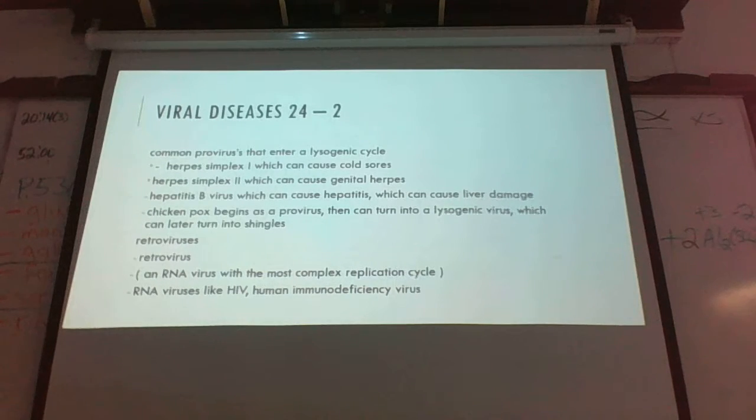Probably one that is very detrimental and dangerous is any type of hepatitis, which has an effect on the liver. That's what hepatic actually means. So hepatitis is an inflammation of the liver, and there are different classifications, whether it's hepatitis A or hepatitis B. It can cause long-term liver damage.